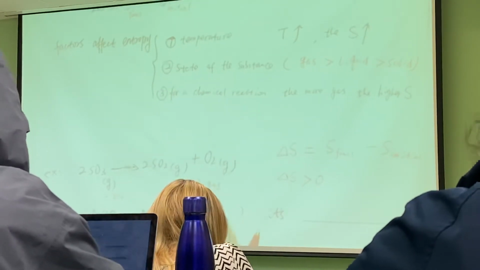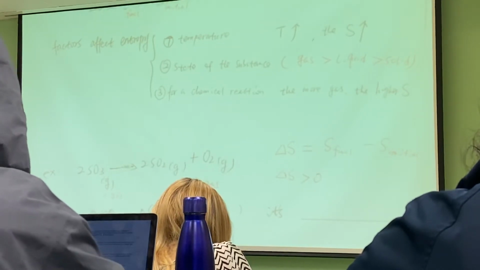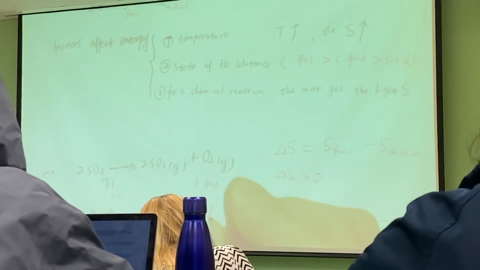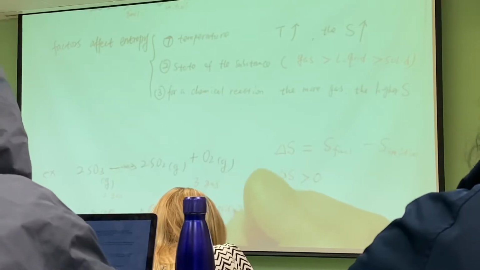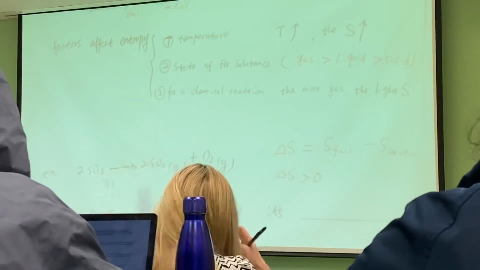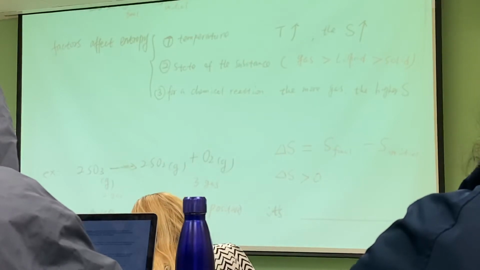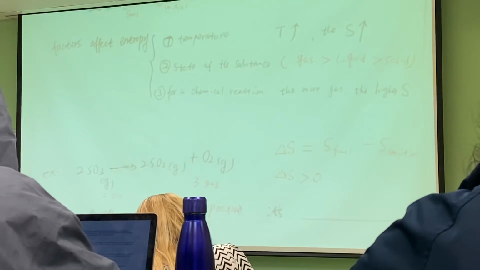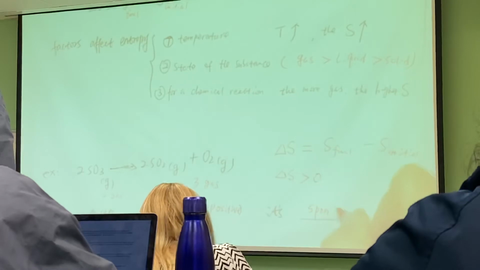Because we're going to have a conclusion here. If you get a positive delta S, which means delta S is larger than 0, positive, then the system or the reaction, sometimes it's a process, is spontaneous. Okay? We can use entropy change to define the spontaneity. If it's positive, it's a spontaneous process.